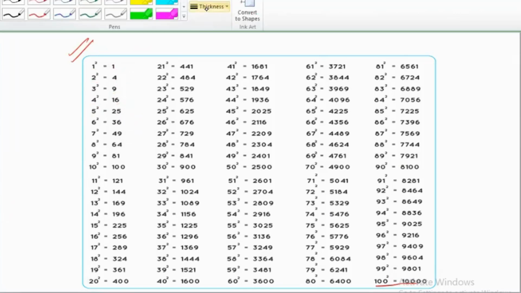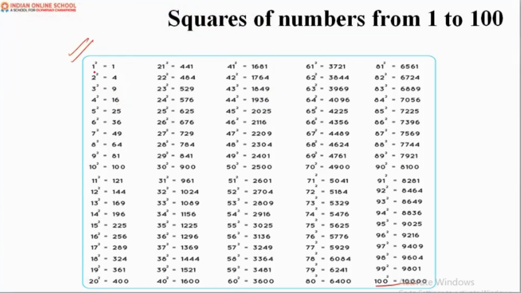So what we can say about this? When any number ends with the digit 1, its square is also going to end with the digit 1 only. Got it, everybody? And when any number ends with 2, its square is going to end with the digit 4.